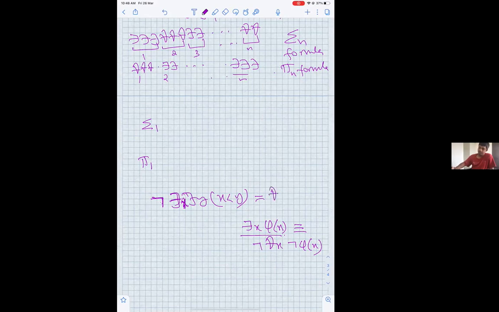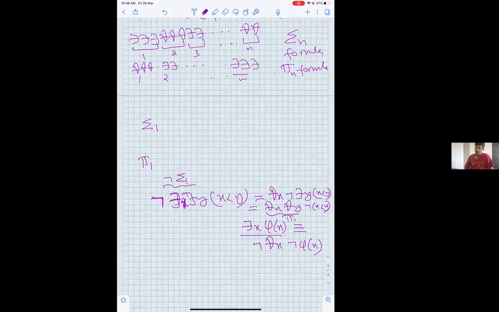So it will become for all x, negation there exists y, x less than y, and this will become for all x, then for all y, negation x less than y. Finally, negation x less than y we can also convert to x greater than or equal to y, but I'm not doing it because it doesn't matter to us. So this is a sigma 1 formula, the negation of a sigma 1 formula, and this is a pi 1 formula.